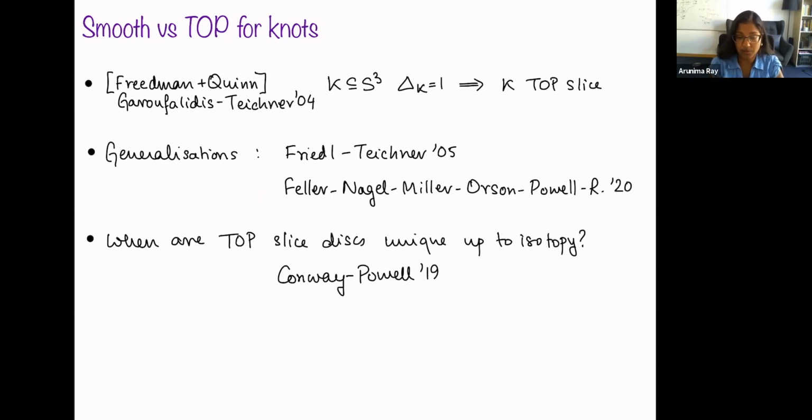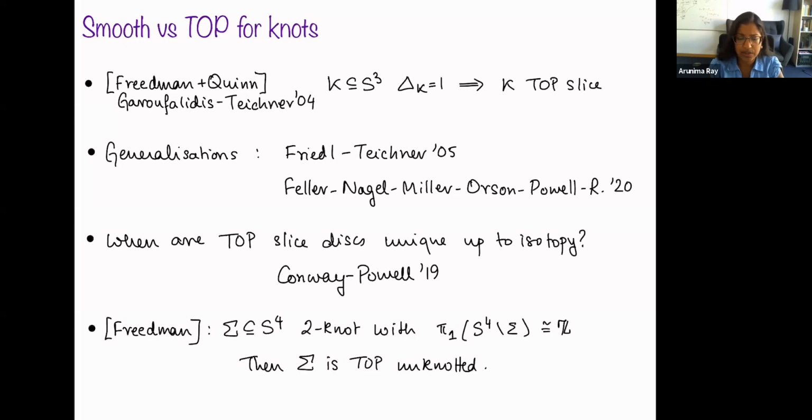One can ask when topological slice disks are unique up to isotopy. Lisa mentioned there's work of Conway and Powell about this. And then there are also things you can say about two-knots. For two-knots, the question is more about isotopy rather than concordance or sliceness. For example, we know that spherical two-knots with pi1 equal to Z are topologically unknotted.